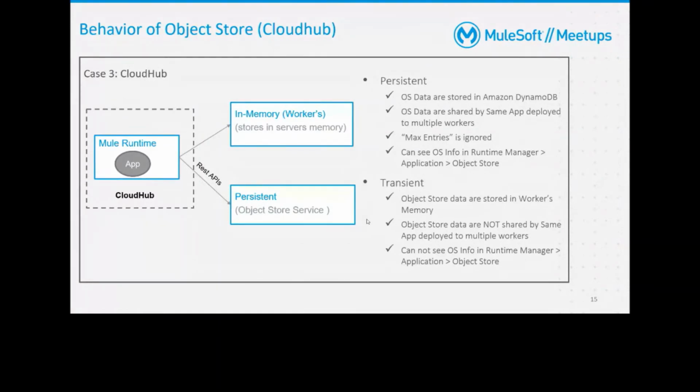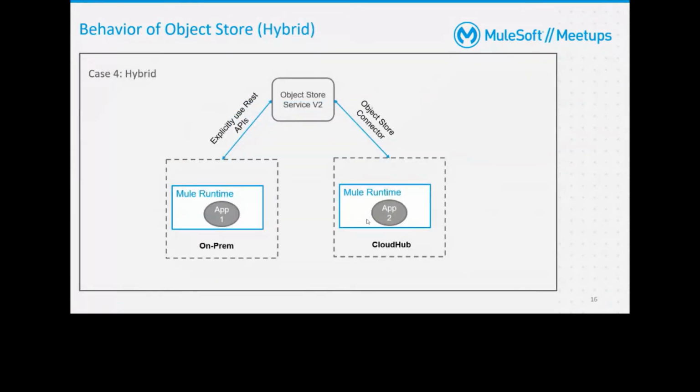And coming to the next slide. Suppose we have one application configured and deployed on CloudHub. It's a hybrid application. There is another application running on-prem, and this application has to access data that is stored by app2 in the object store service. We have a scenario like this and we need to access data.